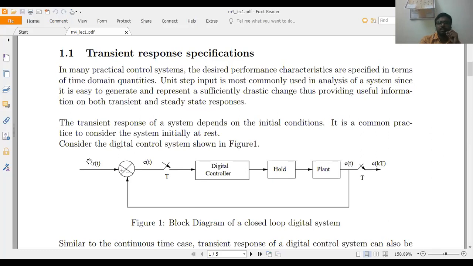So this input R of t is initially converted into an error signal, which is given as an input to the digital controller through a sampler, processed through the hold circuit and plant, and taken as an output from this closed loop system as C of t.